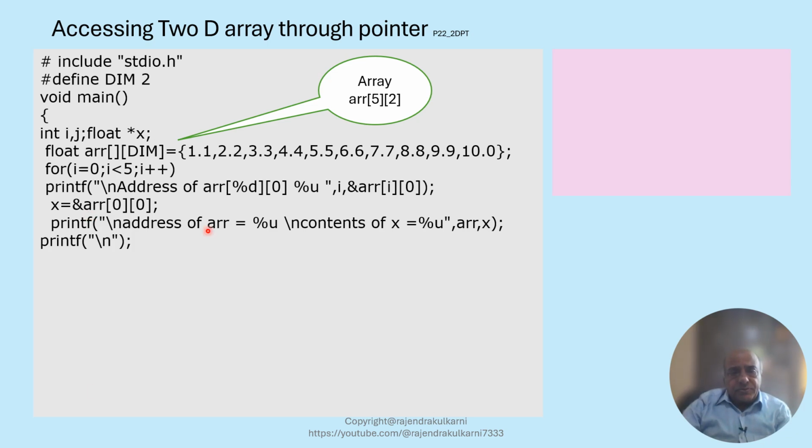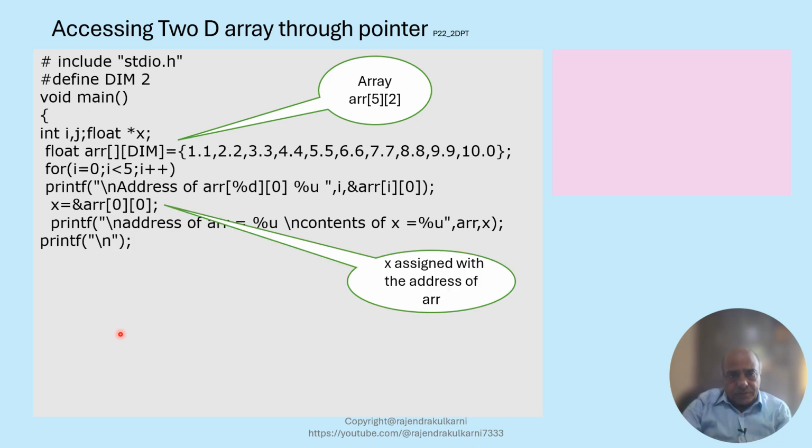And this printf statement tells us the address of the ARR array and the contents of the pointer X. Since X is assigned with the base address of array ARR, this should display the same value for both the printf statements.